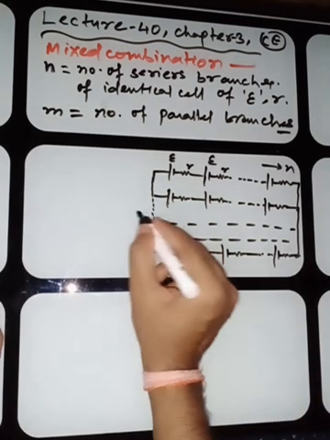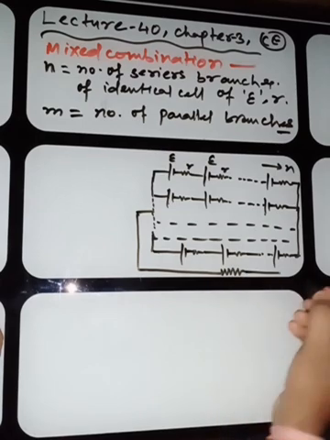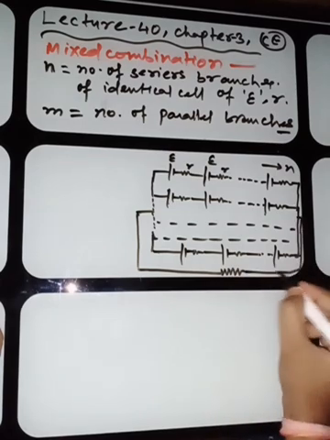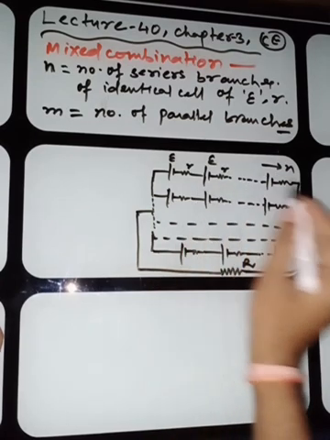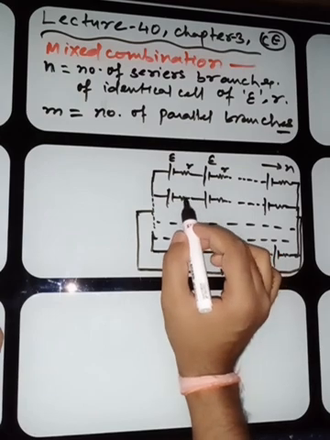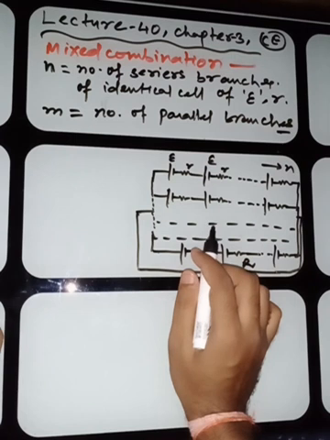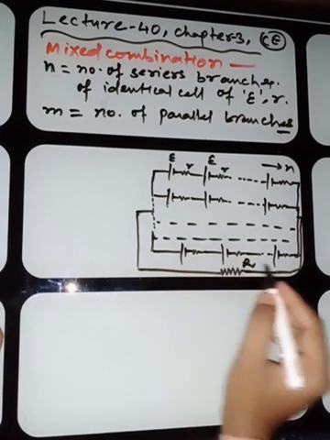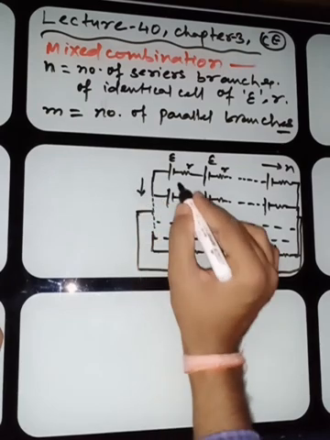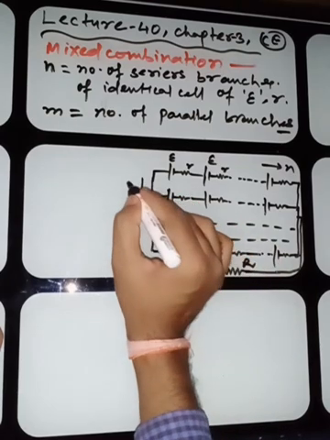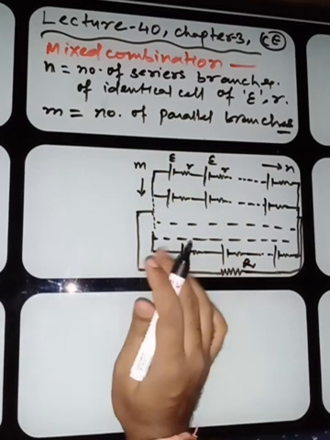Then we connect a load resistance, that is the external resistance R. All the values I'm not writing here, it will be very hectic. E is the EMF of each identical cell, and r is the internal resistance. This is the load resistance R. And how many branches are connected in parallel? 1, 2, 3, 4, 5 till m. So m number of parallel branches are connected in this way.